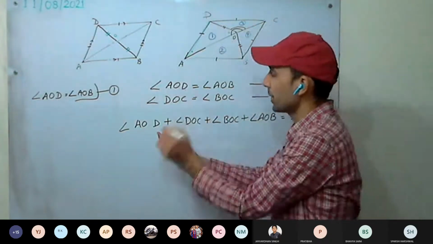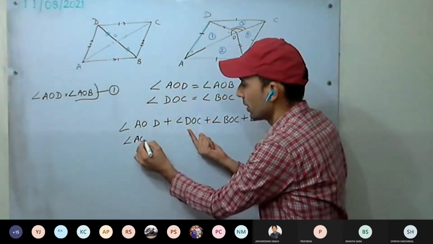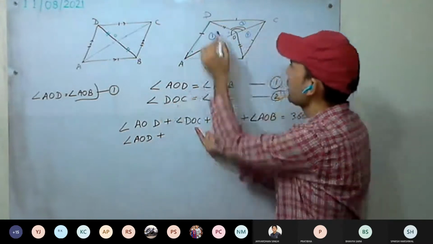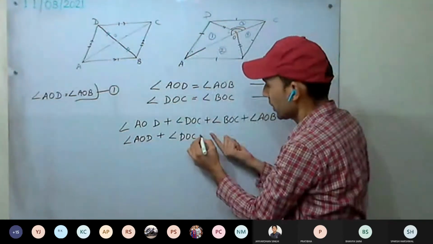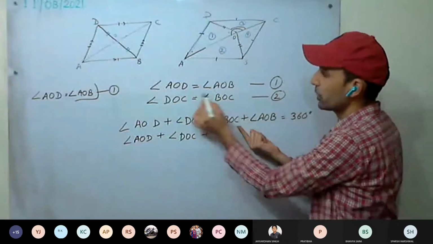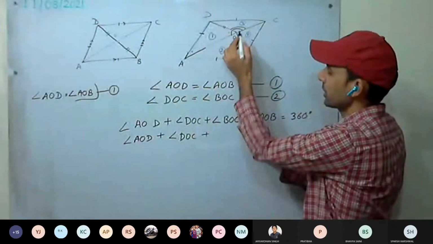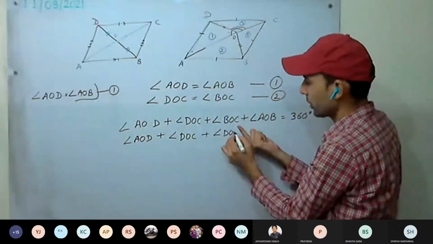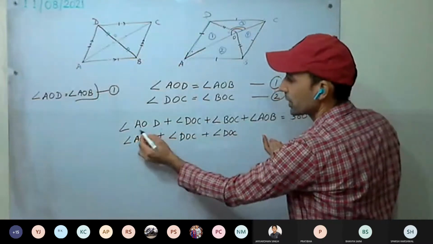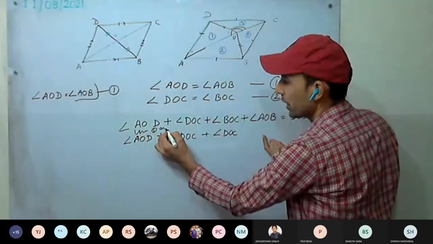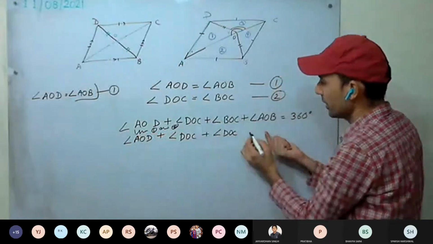Angle AOD, we keep it as such. Angle DOC, we have to prove these two, keep it as such. Instead of angle BOC, we can write angle DOC, using first and second. This is clear?